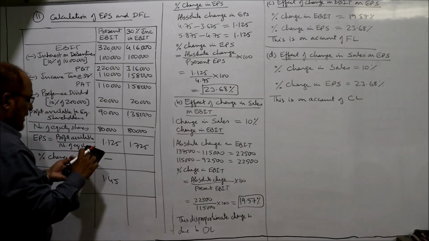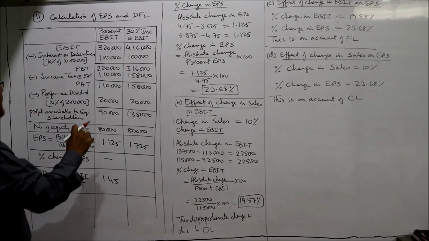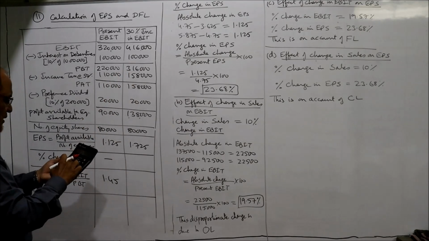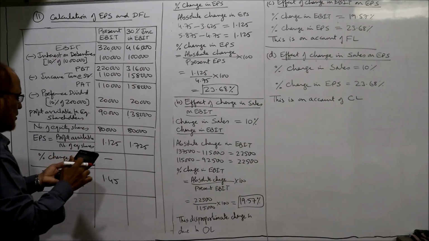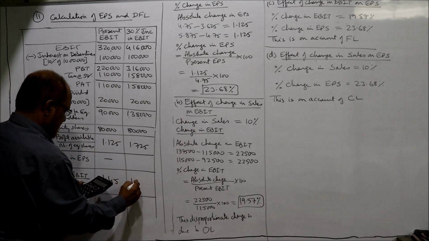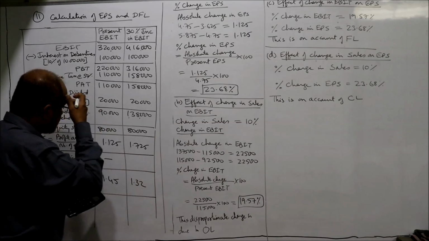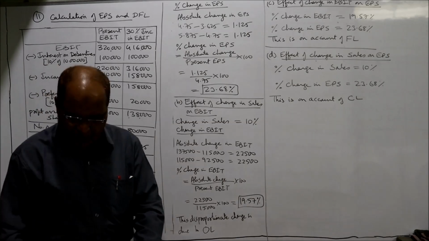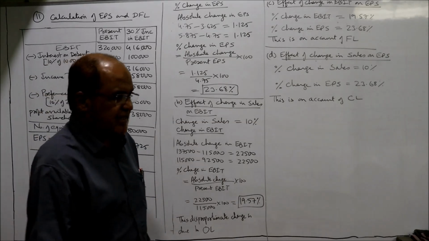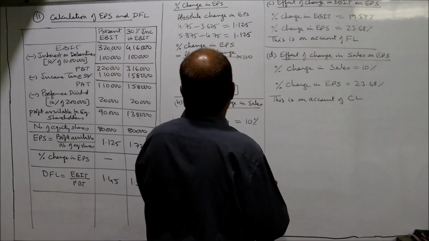Similarly, EBIT is 4,16,000 divided by PBT 3,16,000, that is 1.32. Now only we have to calculate the percentage change in EPS.